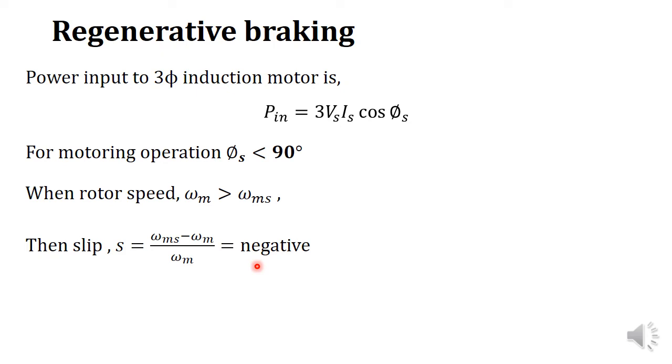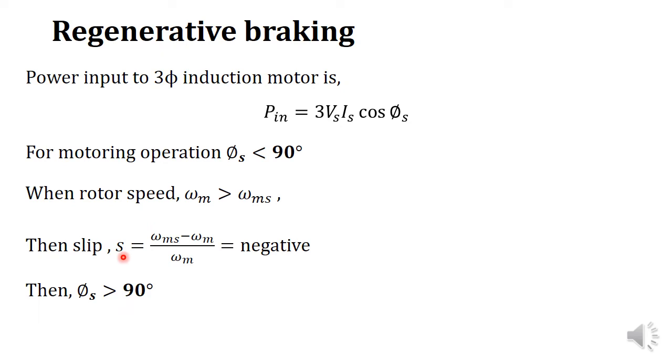At the same time, the component of stator current which balances the rotor current will also reverse. This causes the value of phi s to become greater than 90 degrees.